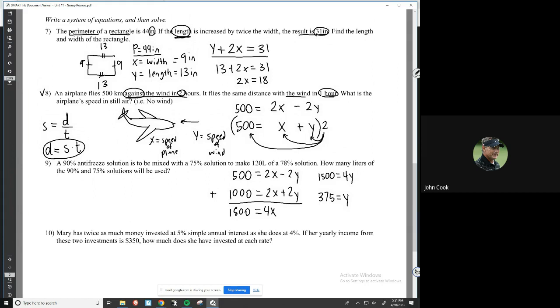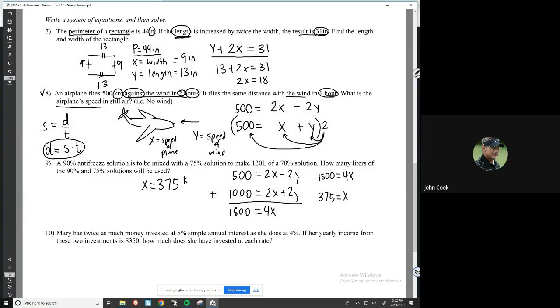So 375, that's equal to the x value, not y. I'm making all sorts of little mistakes right now. So x is the speed of the plane, and that's exactly what we wanted. So we just solved the question. X is equal to 375, and it's kilometers per hour.